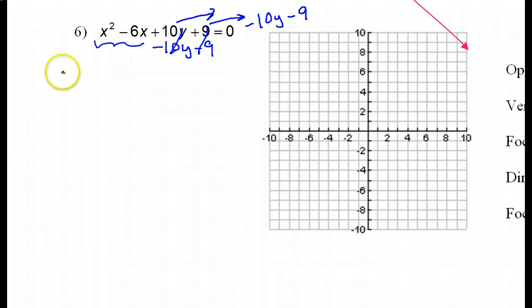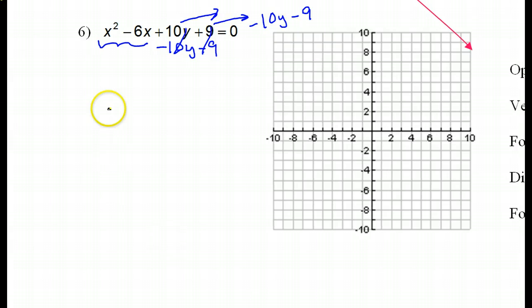These are gone. So as I recopy, this is going to give me x squared minus 6x. Leave a space to complete the square, and then over here, like I said, I will have negative 10y minus 9. Now we complete the square.